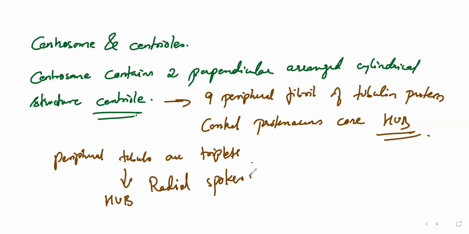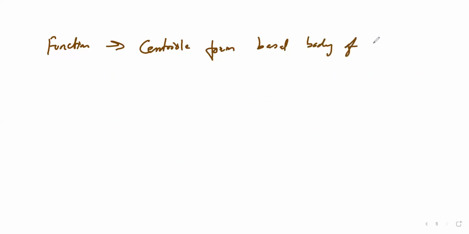So these centrioles are responsible for forming the basal body for the cilia and the flagella. Plus, one more function it has. If we see the functions, first, the centriole forms the basal body of cilia and flagella.